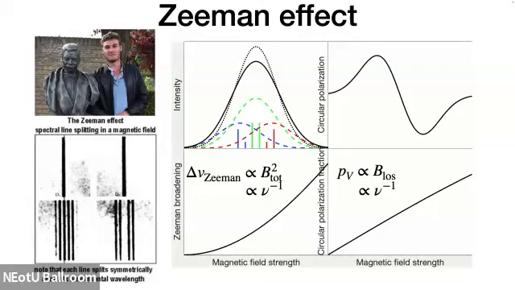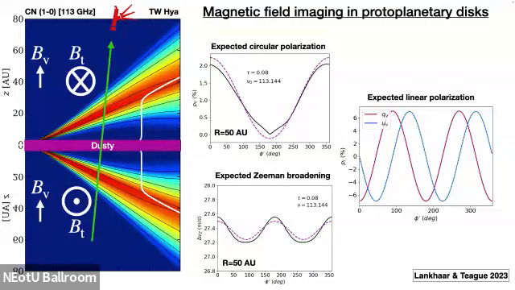And where this effect is, I feel, mostly visible is in the Zeeman effect in protoplanetary disks. So this is a representation, a schematic of the radiative transfer of CN in a protoplanetary disk, TW Hydra.